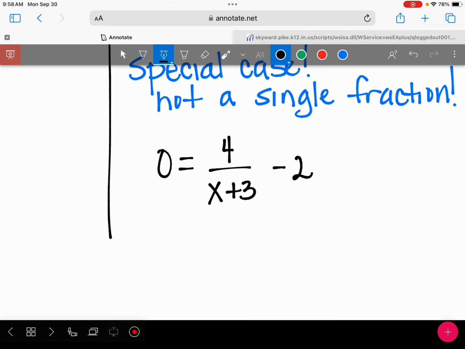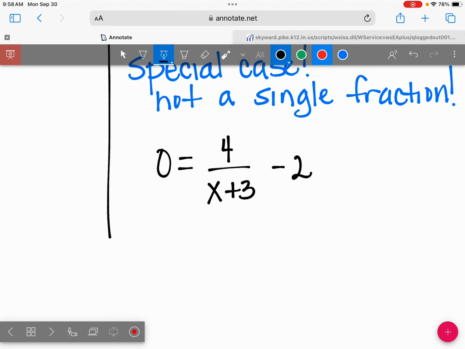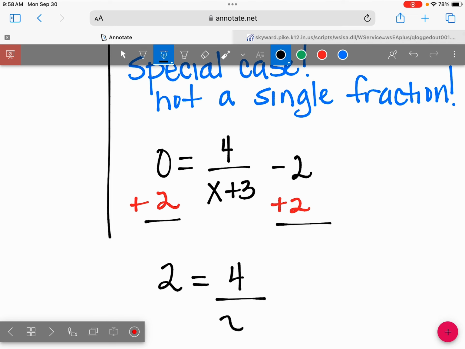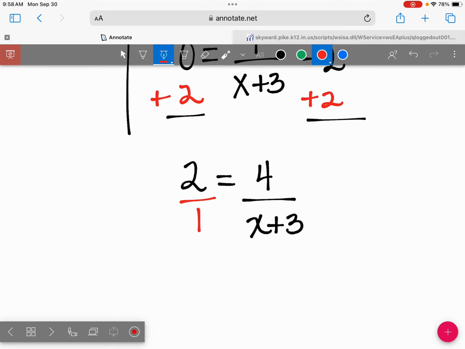In order to solve it, I'm going to start by adding 2 to both sides, which gives you 2 equals 4 over x plus 3. I'm going to write that as a fraction over 1 and cross multiply and solve it.